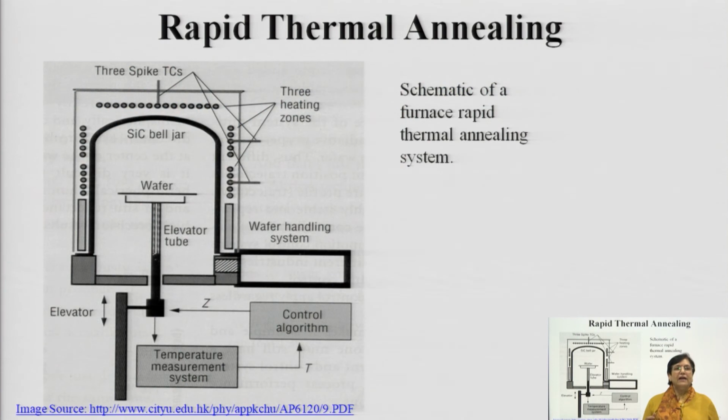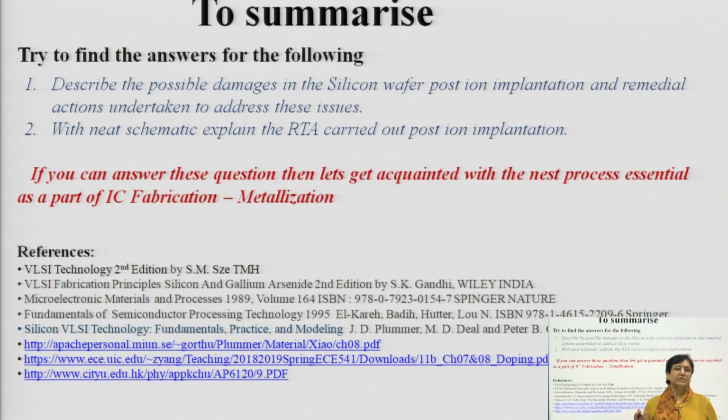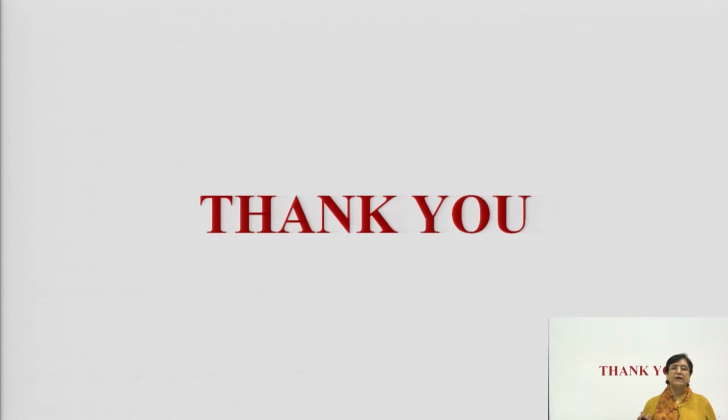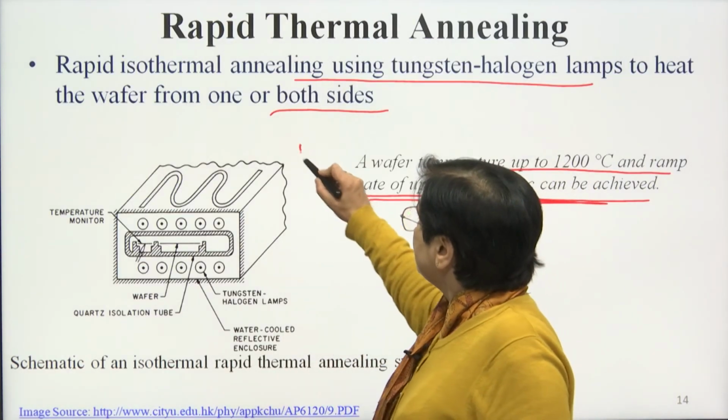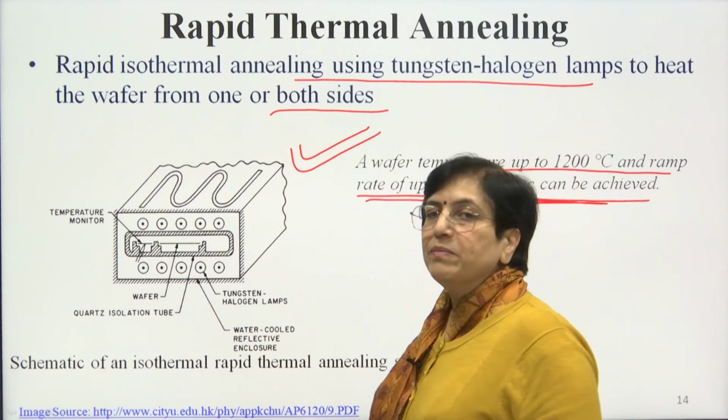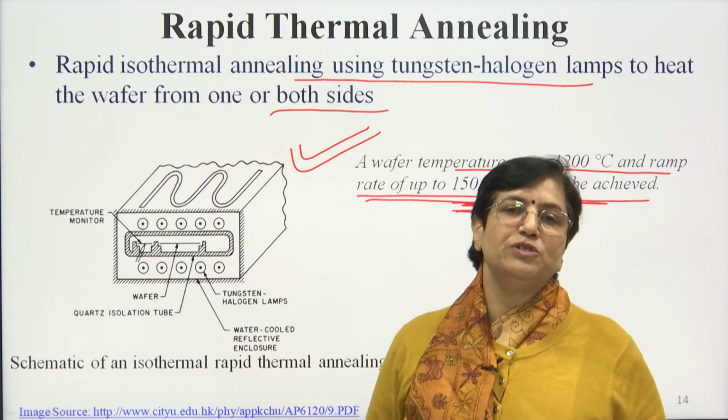Another issue is that while handling, the wafers may experience a temperature gradient, which can in turn affect the dopant profiles. So the main thing is that the profile you obtain is much better in rapid thermal annealing, and this is the most recommended method for ion implantation damage control.